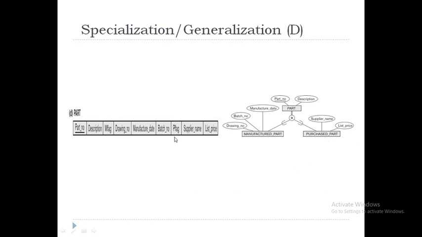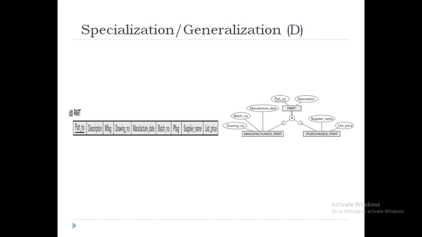To check that, we'll have one more attribute like a flag, and here we set the values. For example, if the flag is M, it belongs to manufactured, and if it is P it is purchased, or if I write B, that means both. To indicate whether it belongs to both subclasses, we use a different attribute.